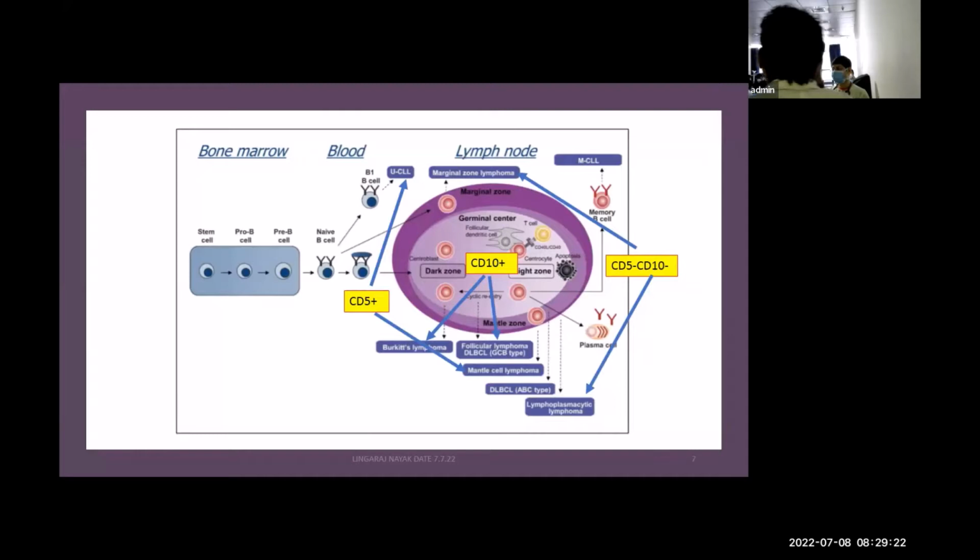Each B cell will have an immunoglobulin receptor gene. That gene has a variable region, and that variable region gets mutated. So this somatic hypermutation will create a B cell repertoire, a different variety of lymphocytes with different kinds of affinity. That leads to a group of lymphocytes which have high affinity to bind with the antigen and kill it, and another group of lymphocytes, the centroblasts, which have very low affinity, and they die.